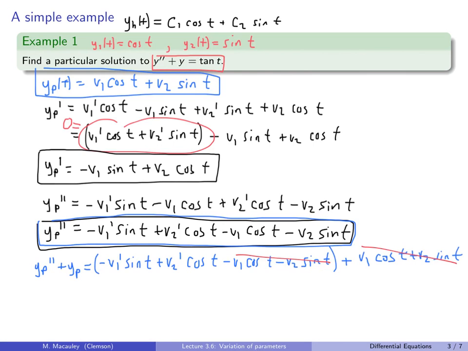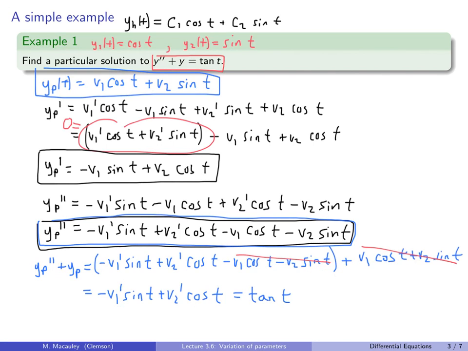So let's simplify this as negative v1 prime sine of t plus v2 prime cosine of t. And what does that equal? That equals tangent of t. So now what? Now I claim we have a system. We have this equation.